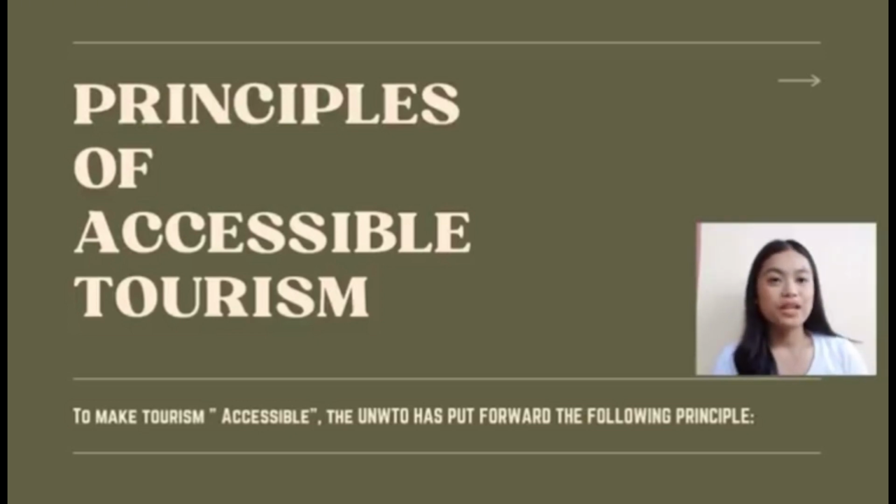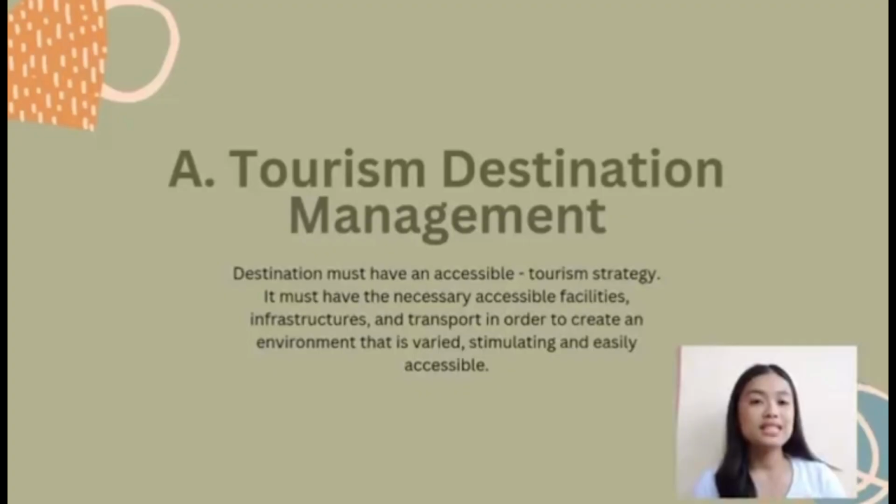Principles of accessible tourism. To make a tourism accessible, the UNWTO has put forward the following principles. First is tourism destination management. Destination must have an accessible tourism strategy. It must have the necessary accessible facilities, infrastructures, and transport in order to create an environment that is varied, stimulating, and easily accessible.